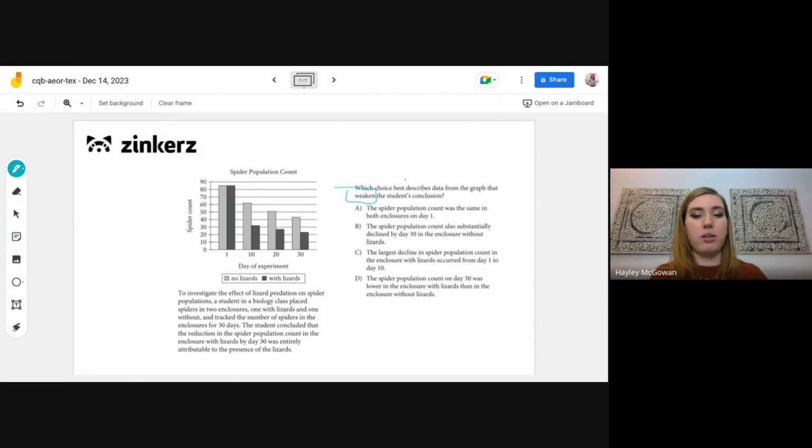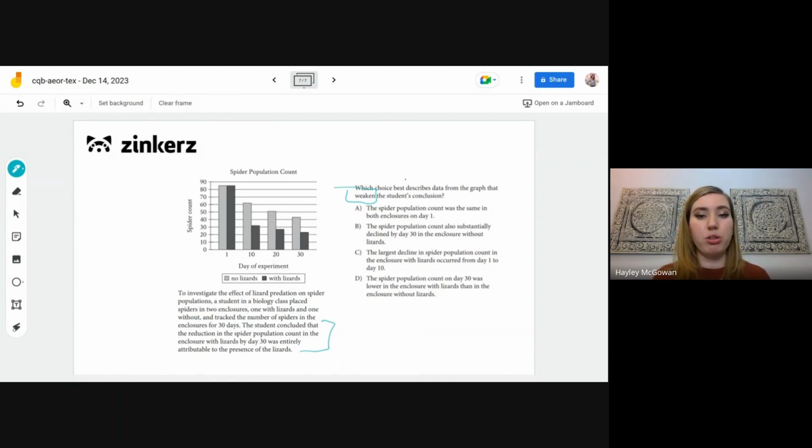All right, so this is their conclusion here, right at the end. So essentially the spider population went down in that one tank that they had, and the student said that was only because of the fact that the lizards were in there. So that's what they had in the one condition. And then in the other condition, there was one enclosure that had no lizards.